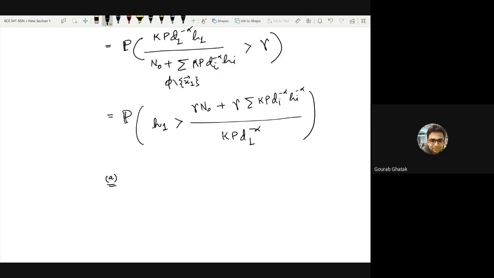So, for Rayleigh fading, the fading power is exponentially distributed. Do you remember this? So 1 minus e to the power minus something is the CDF. And since we are calculating the CCDF, that is 1 minus that, so e to the power minus. So, that's simply EXP of minus gamma N0 over the term. Remember, it's a Rayleigh fading with an exponential distribution with power 1. So that's what we have.